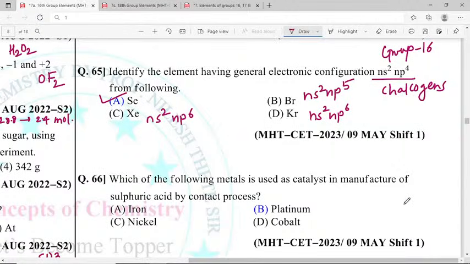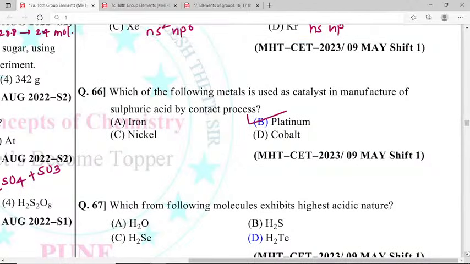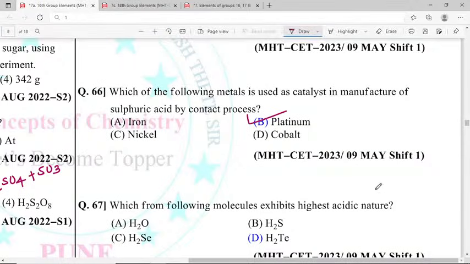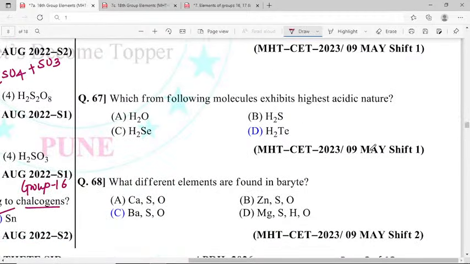Which of the following metals is used as a catalyst in the manufacture of sulfuric acid by the contact process? Platinum. Platinized asbestos is used. Which of the following molecules exhibits the highest acidic nature? H2Te. Highest acidic nature.